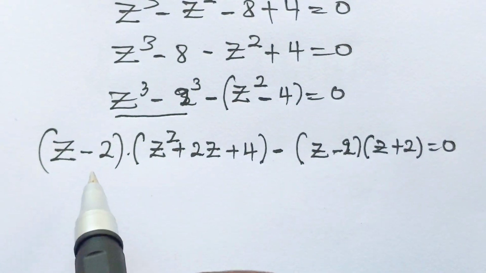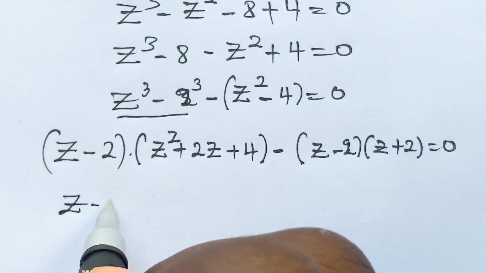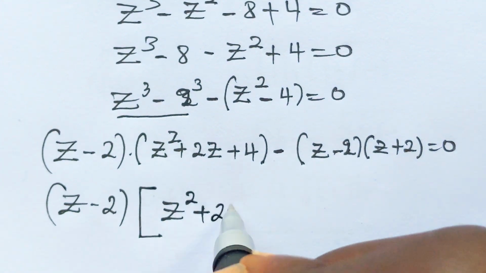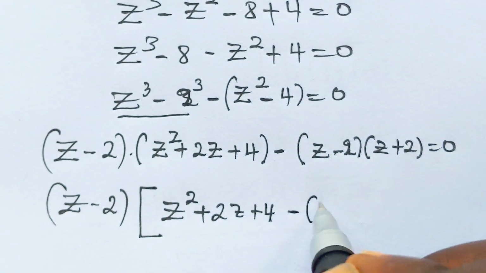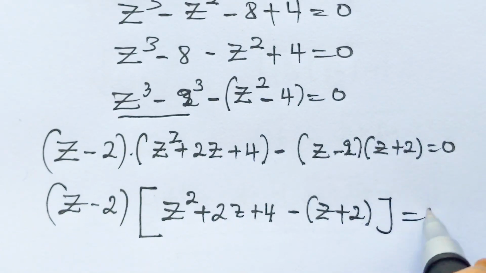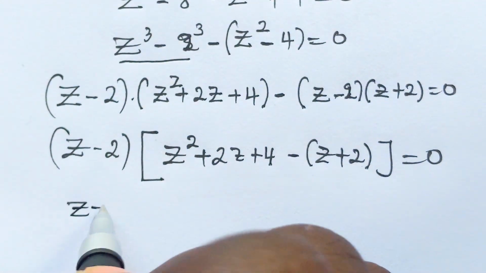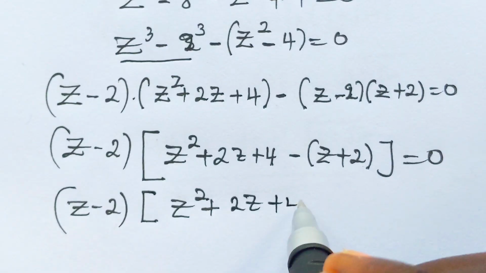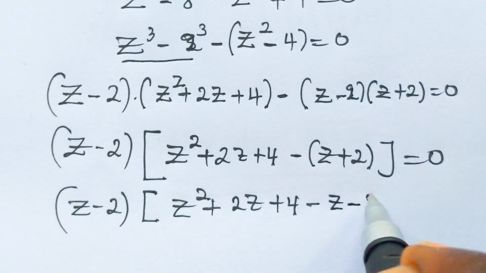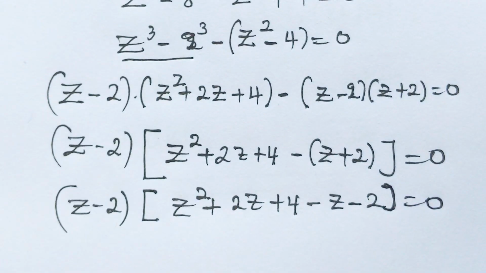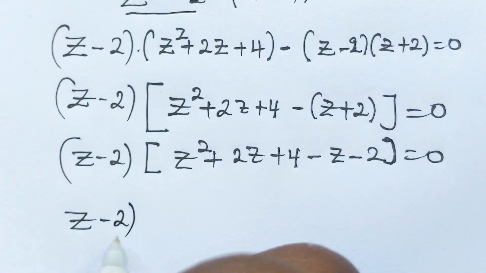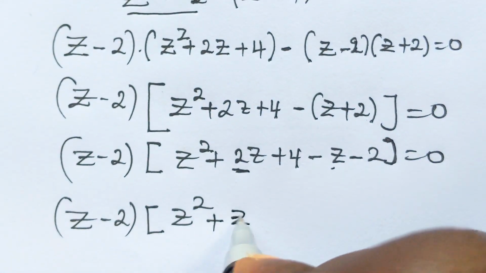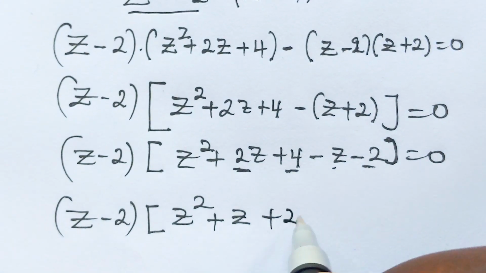At this stage we can factorize z minus 2 to get z minus 2 times the bracket of z squared plus 2z plus 4 minus z minus 2, which equals 0. So z minus 2, open bracket of z squared plus z plus 2, equals 0.